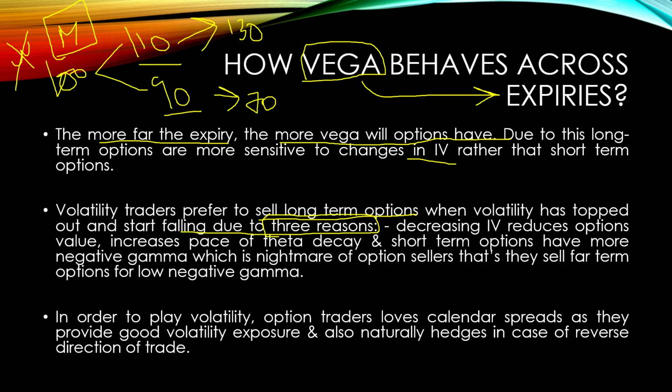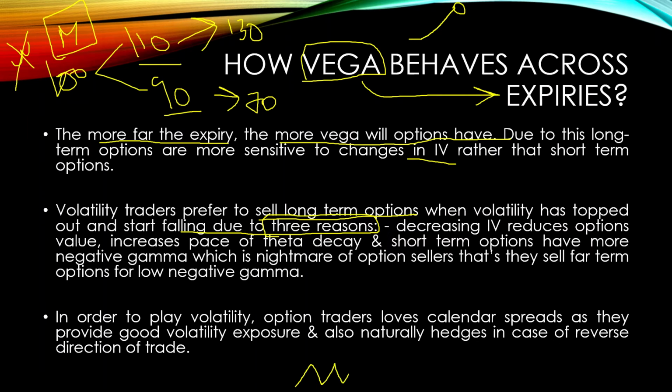Suppose you are a volatility trader, and there was a fear or news in the market, and the IV or VIX starts increasing, and it has almost topped out, almost breached its upper part. Always remember that volatility always stays in ranges.